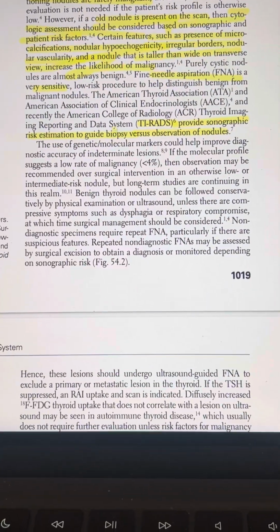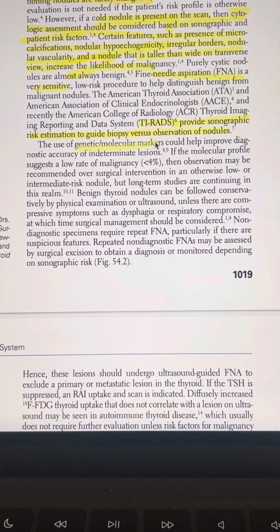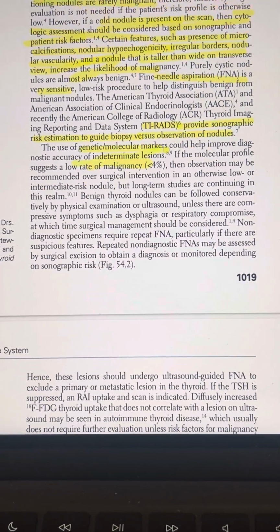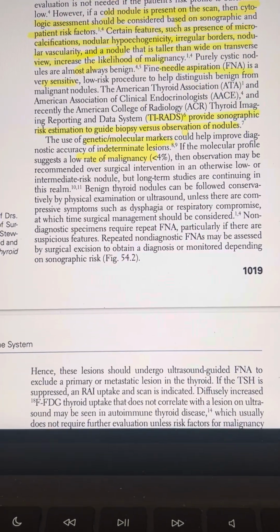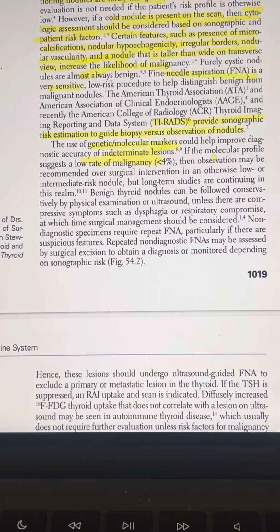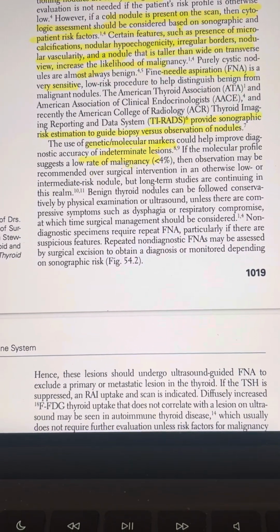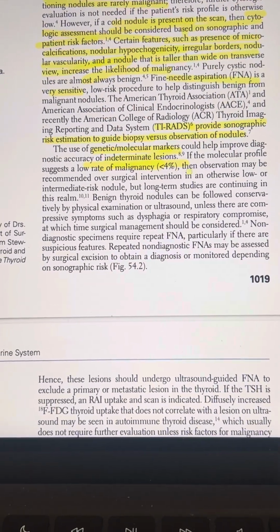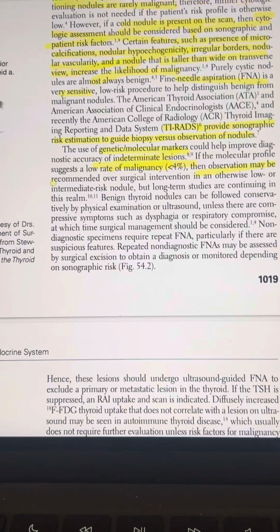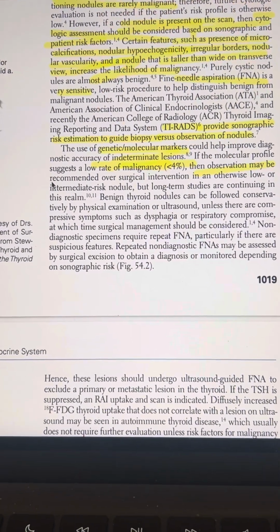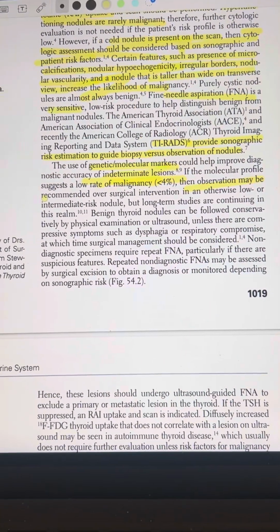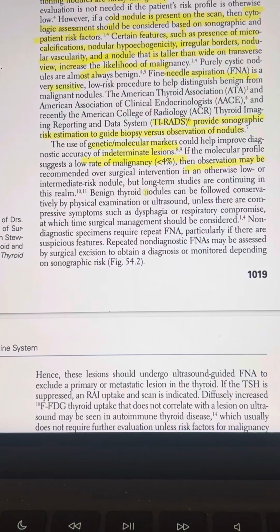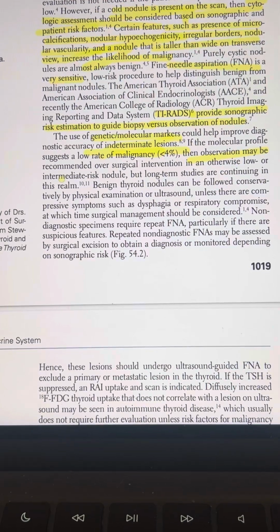The use of genetic molecular markers can help improve diagnosis in an indeterminate lesion. If the molecular profile shows risk for malignancy is less than 4%, then observation may be done in case of indeterminate lesions over surgical intervention in otherwise low intermediate risk nodules. But long-term studies are continuing in this realm.